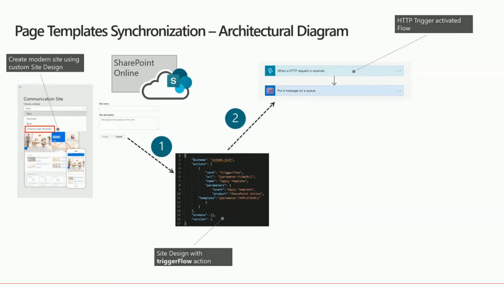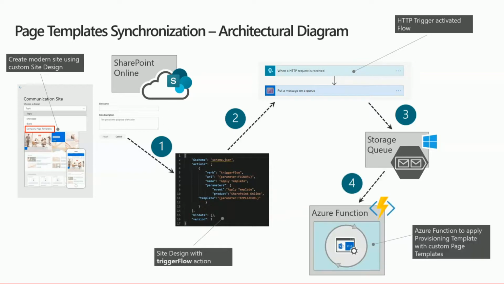And using Flow, you can put a message in a queue. The flow can be an HTTP triggered flow, so that you will wake up the flow instance with an HTTP request coming from the site design. You will put a message in a storage queue, and thanks to the message in the storage queue, you will activate an Azure Function, which will be used to do the actual provisioning of the PnP provisioning template, which will include the page template.